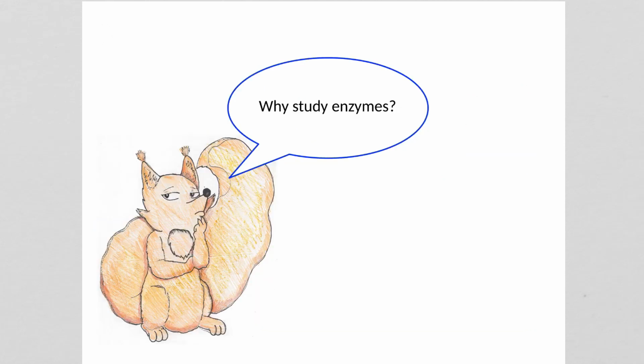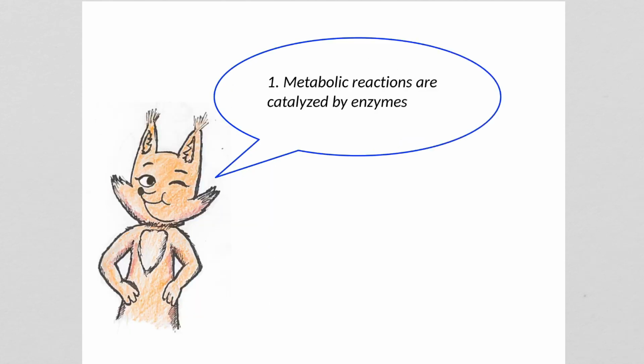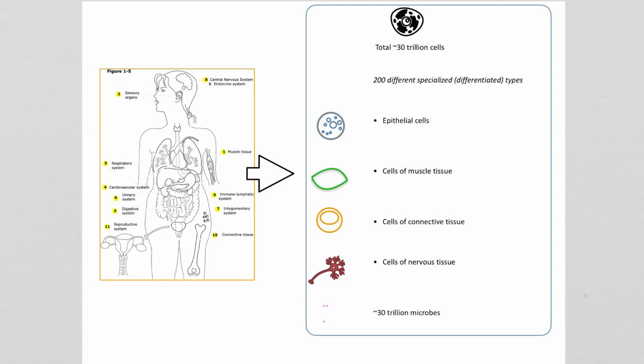So why study enzymes? The first reason is that metabolic reactions are catalyzed by enzymes. There are hundreds of metabolic reactions that occur in each one of these 200 different types of cells that make up the human body, in addition to the microbes that are present in or on the human body.